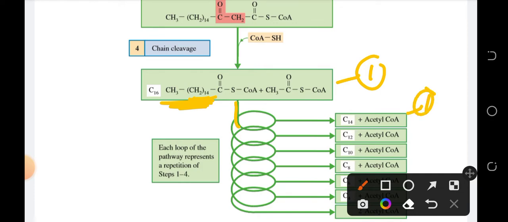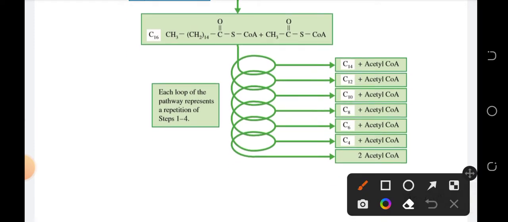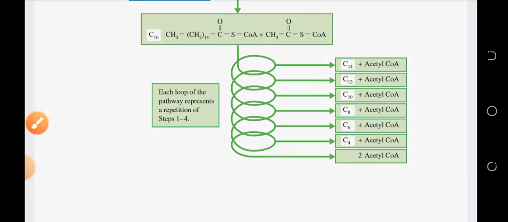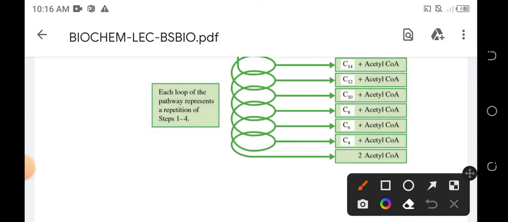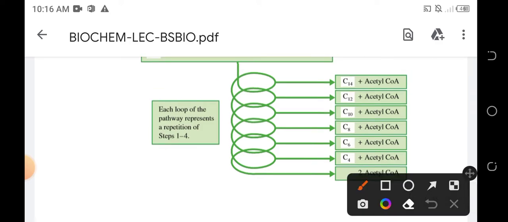So after the second run, magiging C12 plus acetyl-CoA. Each loop is the step 4: single bond muna siya, tapos maging double bond, tapos maging hydroxyl, tapos maging carbonyl, ketone.